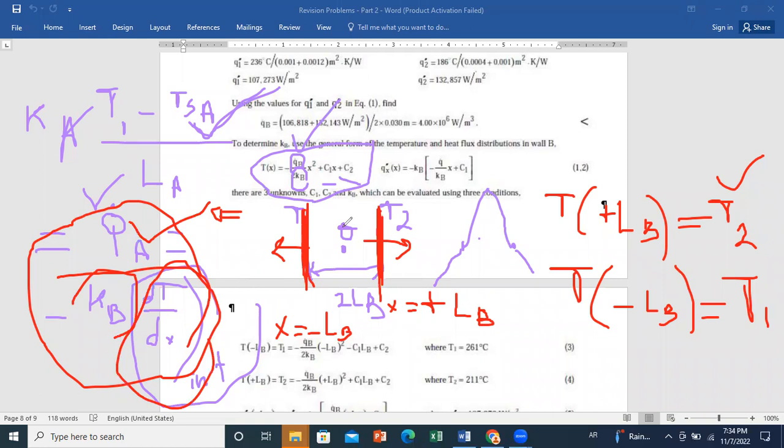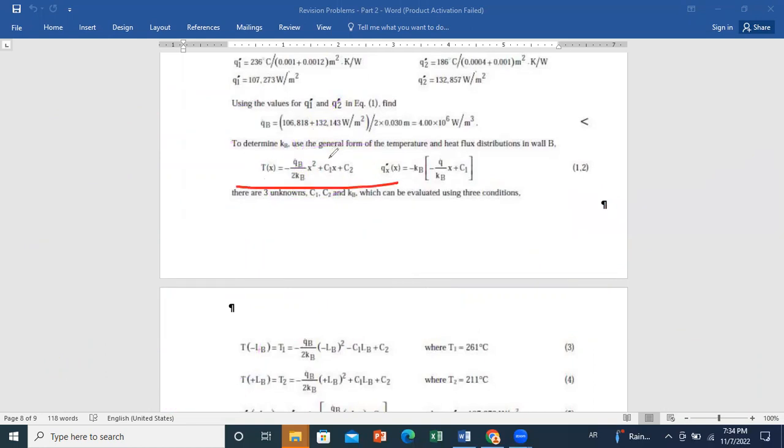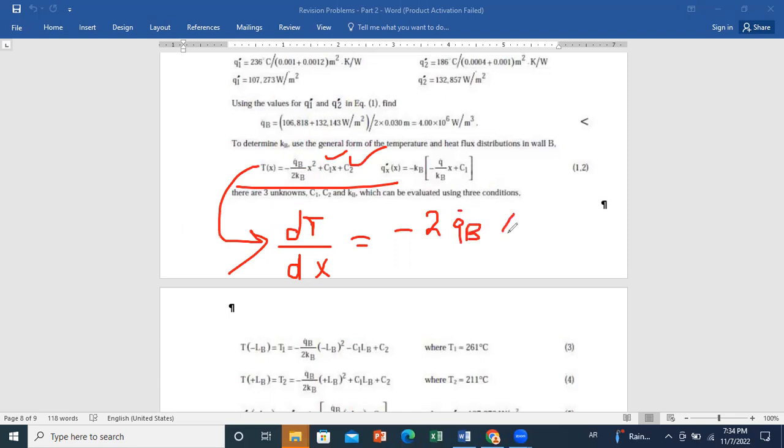So now, after you got your temperature profile, you say this is the equation of my temperature, and I know C1 and C2 from the boundary conditions, I can find dT by dx. If I derive this equation with respect to x, I get dT by dx is minus 2 Q dot B times x over 2KB plus C1.